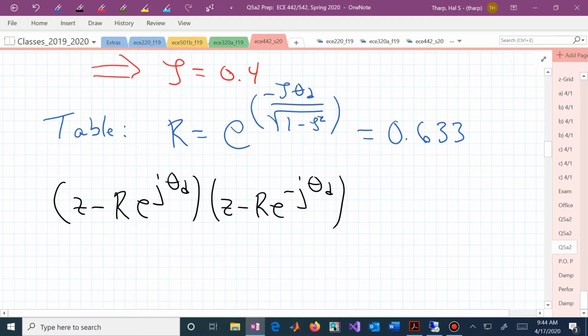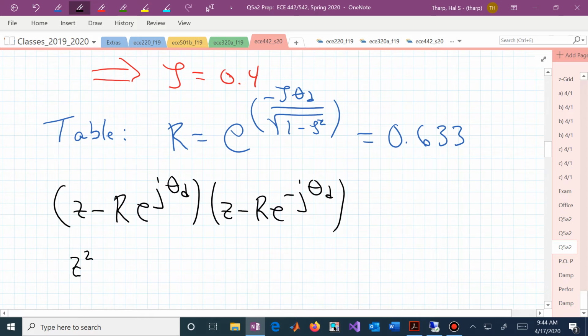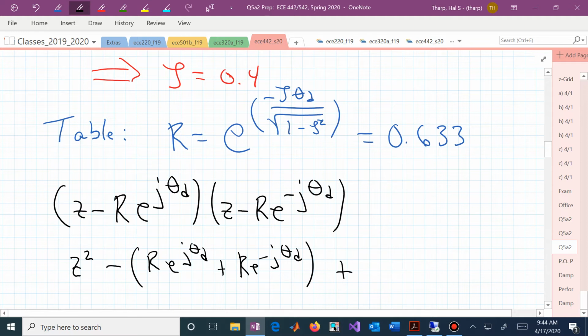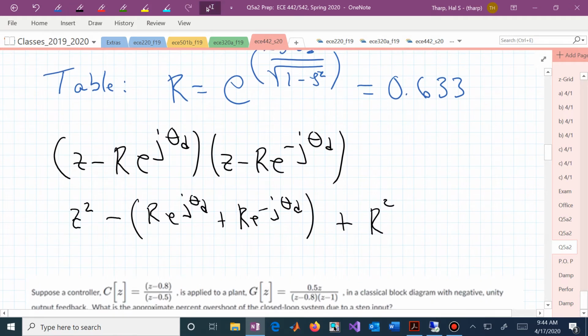We can now multiply that out, and we have z squared, and you will see this happens over and over again, that inside we have r e to the j theta d plus r e to the minus j theta sub d, plus r squared times e to the j theta d minus theta d, or that's now just r squared. The exponents cancel in that last product.